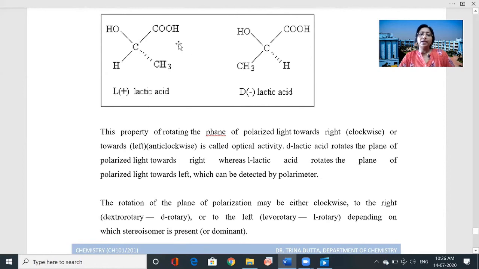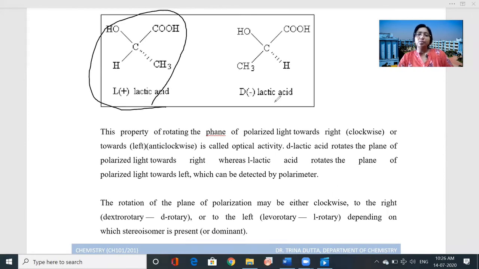The first one rotates towards the left direction, and the second one, the D minus lactic acid, rotates in the rightward direction.